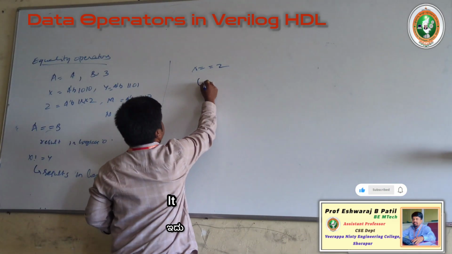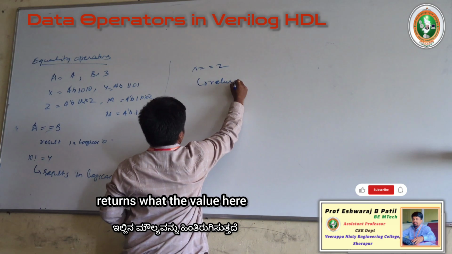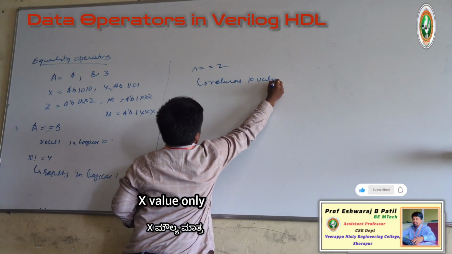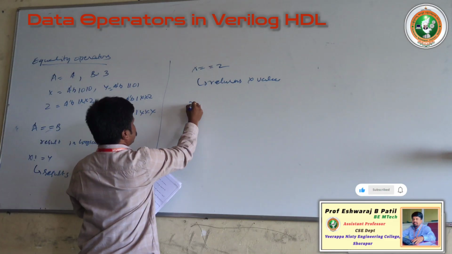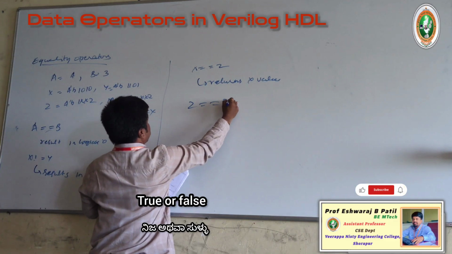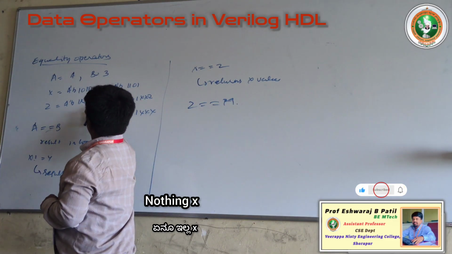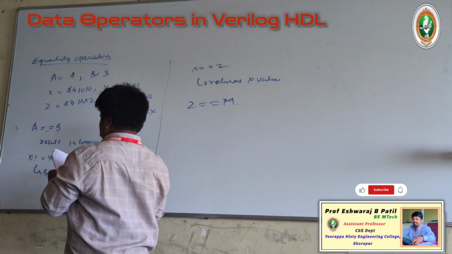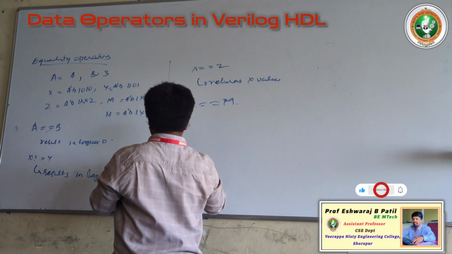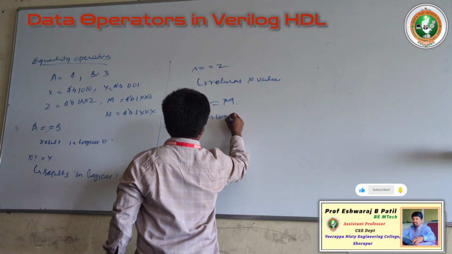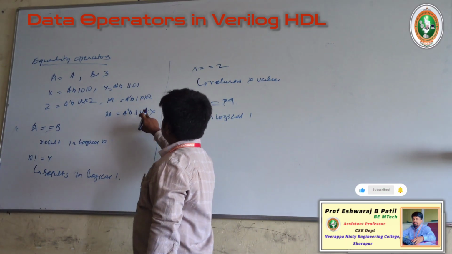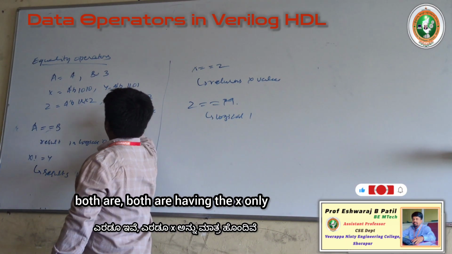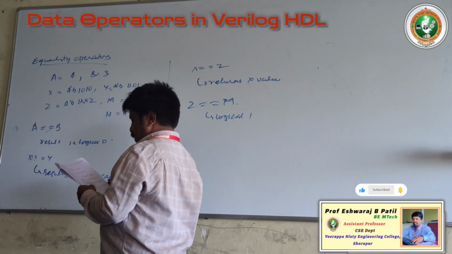Returns what value here? Returns the x value only. X value results for x value. Z equals to m, true or false? Z x m x. So that value results in logical 1, because both are having the x only. Both are x.